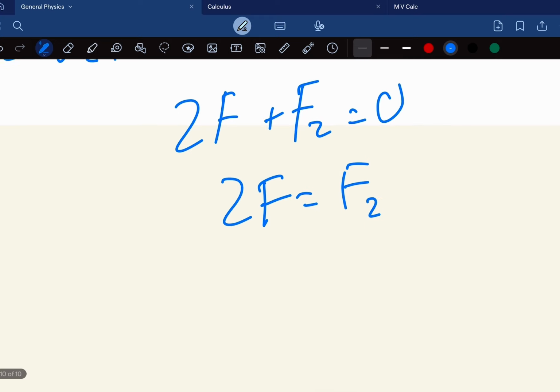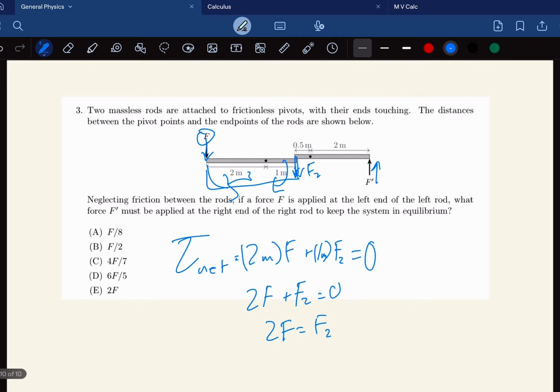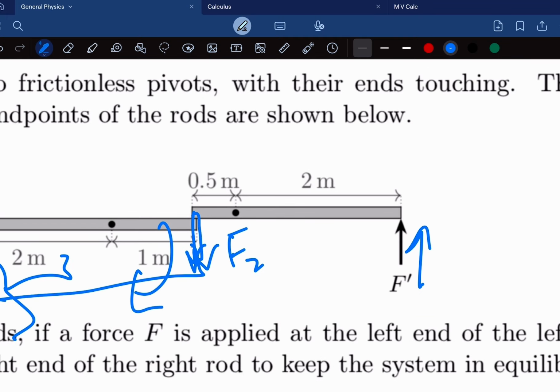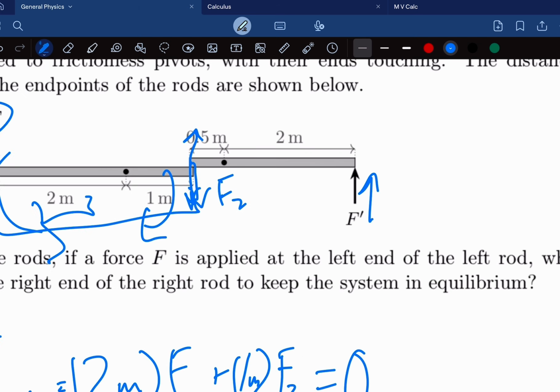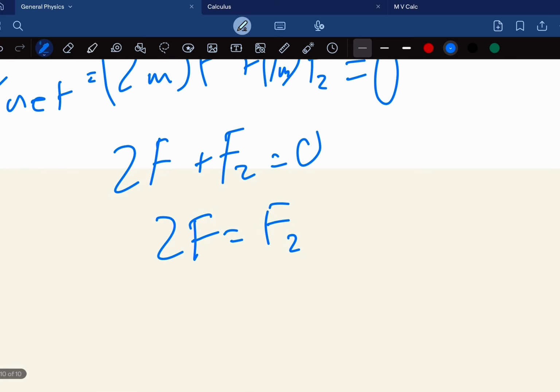we get 2F is equal to F2. And now we can work on the right side of the rod, where we have this same F2 being applied 0.5 meters away, and a force F prime being applied 2 meters away.